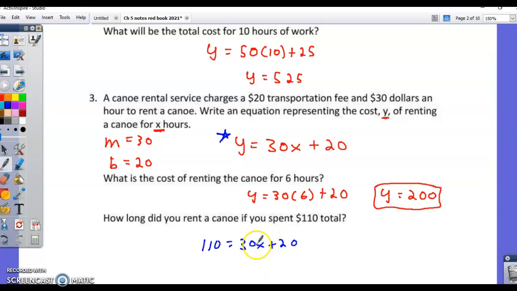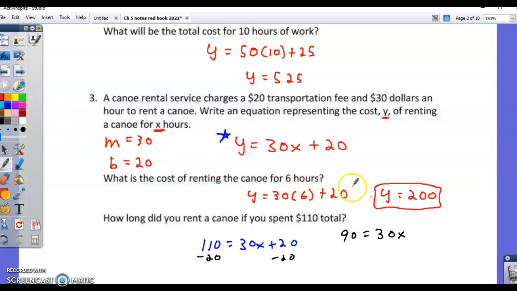We know that x is the time, which drives how much we pay per hour. So now all we have to do is solve for x here, a two-step problem. So I'm going to subtract 20 from both sides. I'm going to rewrite over here so I have more work. So 110 minus 20 is 90, and that's going to equal 30x because these become 0.